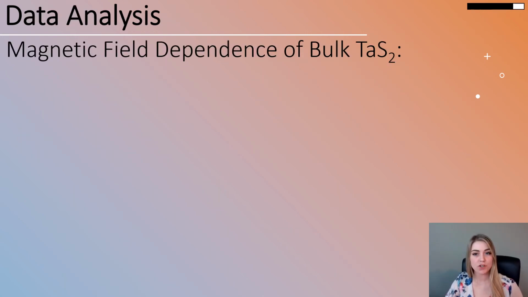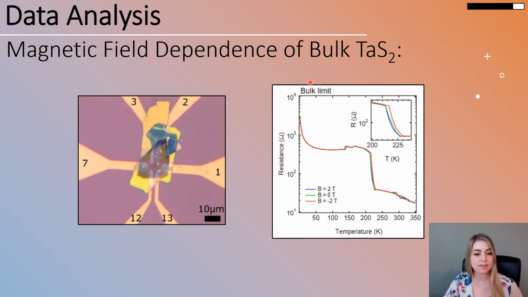So we first measured the bulk TaS2 device. You can see the device layout right here, but if you look at the resistance and temperature plot, you can see that there's a phase transition occurring from about 140 Kelvin to about 225 Kelvin.